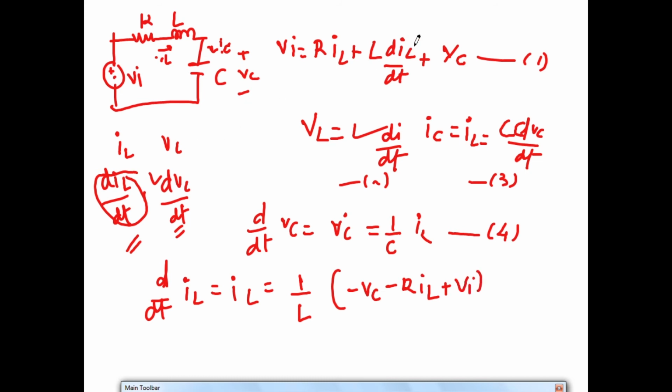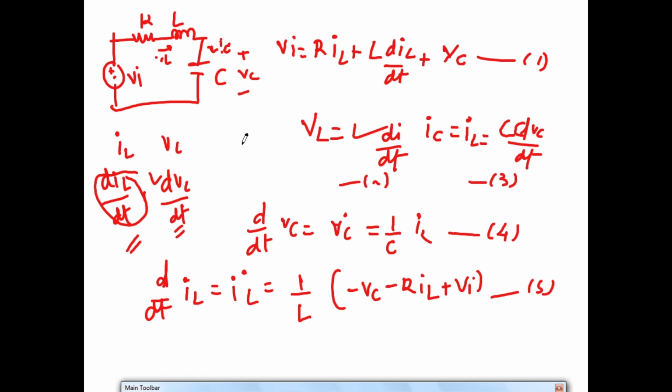What we have done is made dIL by dt the subject, and whatever terms are left, I move to the other side. I am just multiplying by 1 upon L to make dIL by dt the subject. So we have got IL dot, and this is your fifth equation.